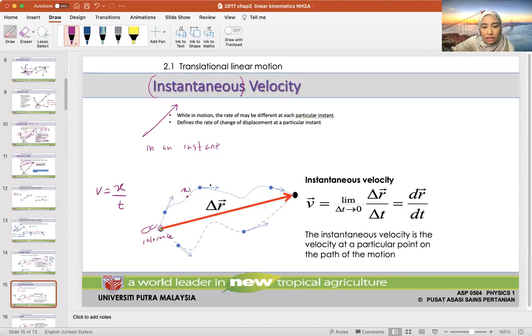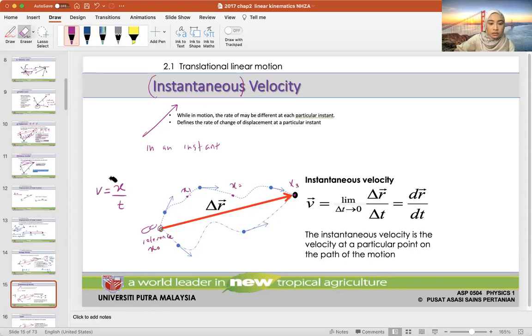And then semut tu jalan lagi. So dia stop kat sini. Second point. Jalan lagi. And then this is my third point where the semut finally ends his journey. So sepanjang kat sini kita ada 3 point yang kita boleh tengok velocity.